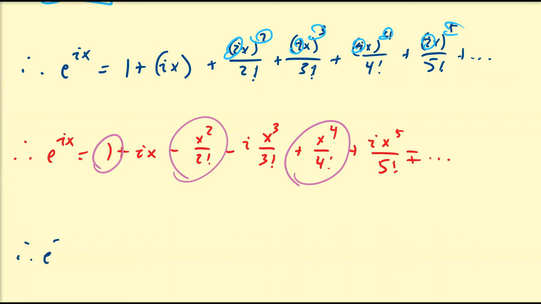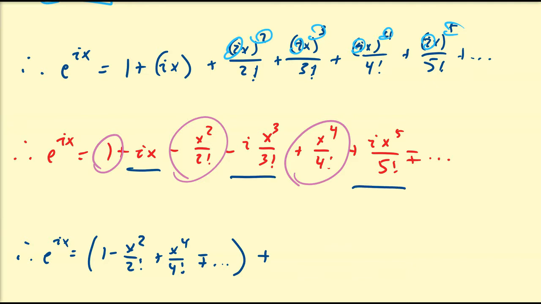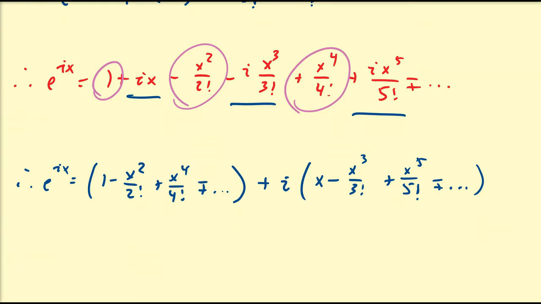So we have e to the ix is equal to 1 minus x squared over 2 factorial plus x to the 4 over 4 factorial minus plus and so on. And then I'm going to factor an i out of all these other terms, and I'm going to be left with what? x minus x cubed over 3 factorial plus x to the 5 over 5 factorial minus plus and so on. So what are these expressions in these parentheses?